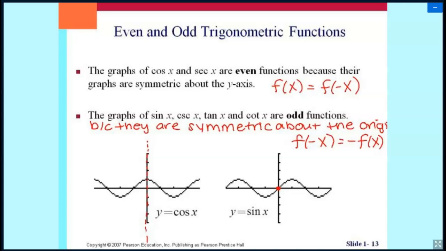The graphs of cosine and secant are even because their graphs are symmetric about the y-axis. That means if you plugged in x, you could also plug in -x and get the same answer. The graphs of sine, cosecant, tangent, and cotangent are odd because they're symmetric about the origin.